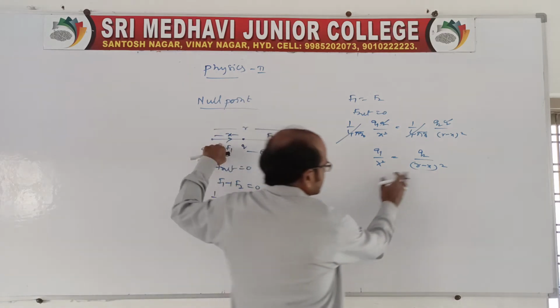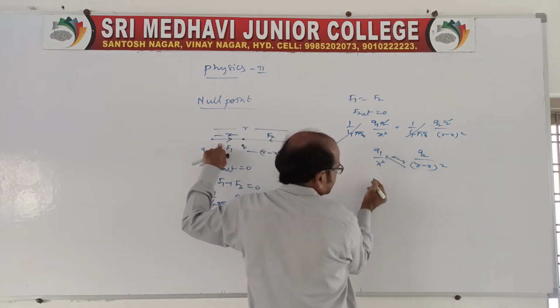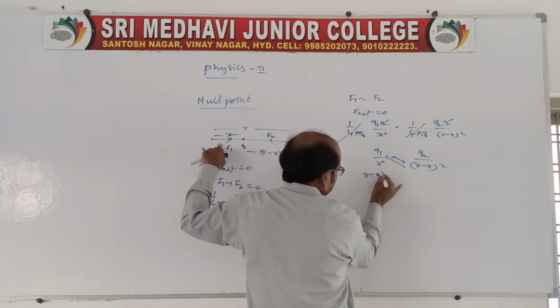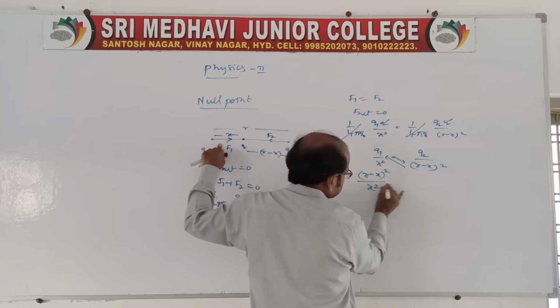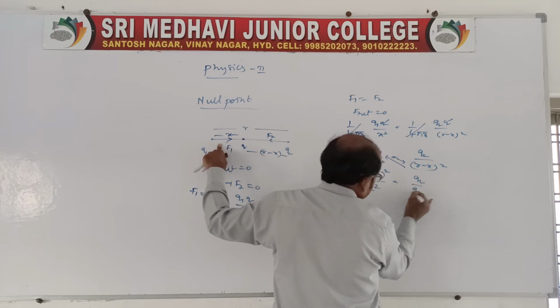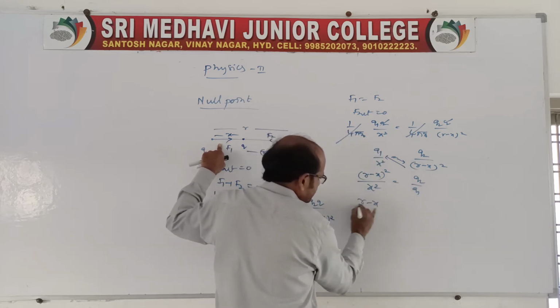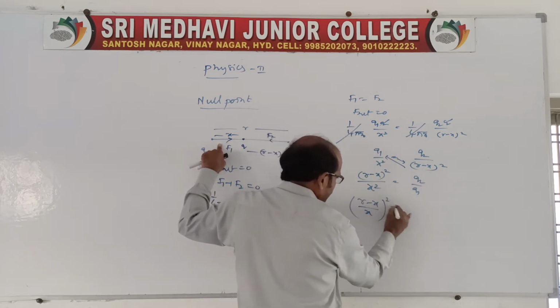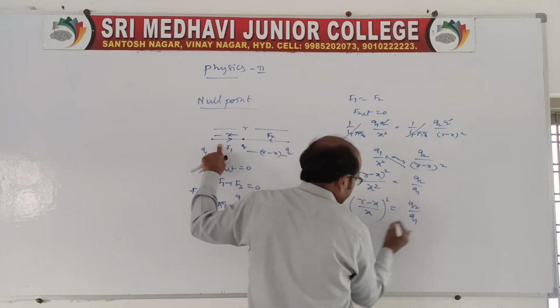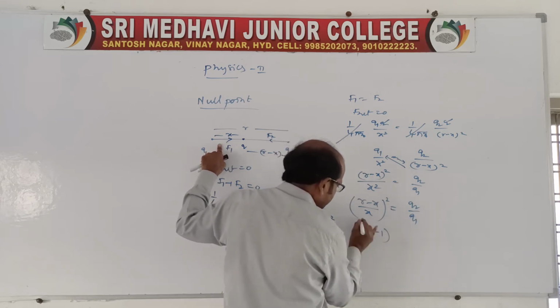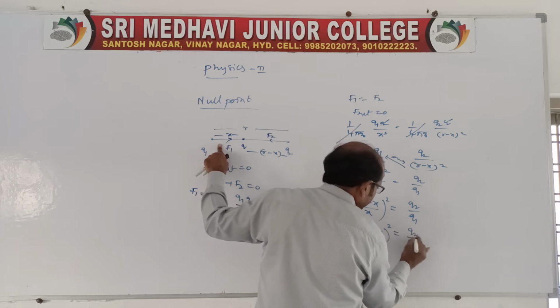So cross multiply like this. Therefore, r minus x whole square by x square is equal to Q2 by Q1. We can also write r minus x by x, whole square, equal to Q2 by Q1. So r by x minus 1 whole square is equal to Q2 by Q1.